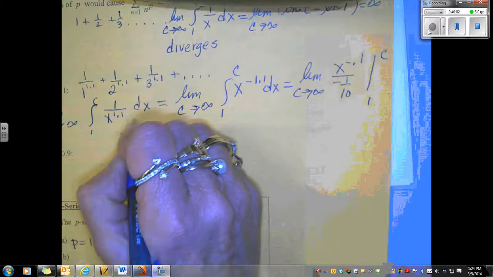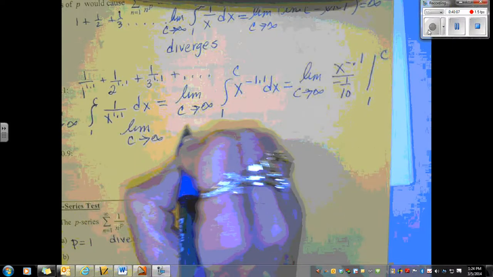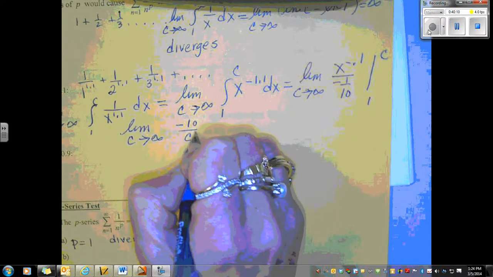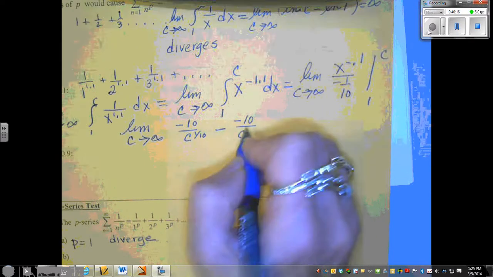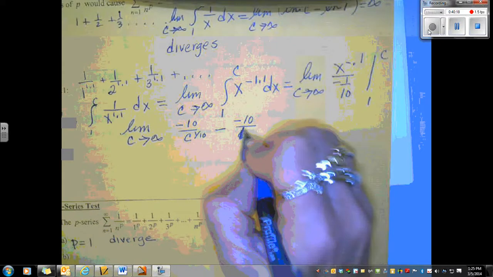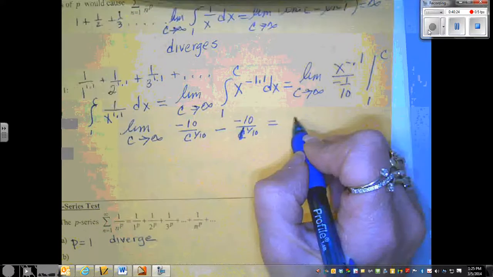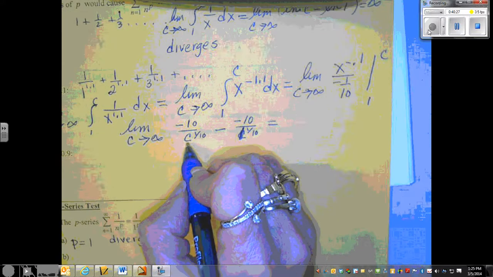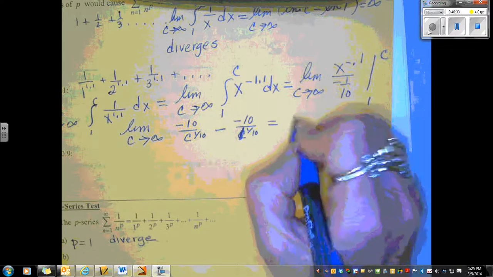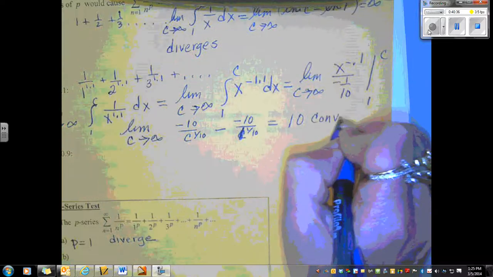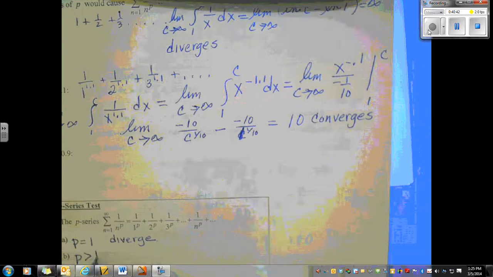It means I have the limit as c goes to infinity of negative 10 over c to the 1/10 minus negative 10 over 1 to the 1/10. If c goes to infinity, what happens to the first term? I end up with 10, and this converges. So that means that if p is greater than 1, we converge.